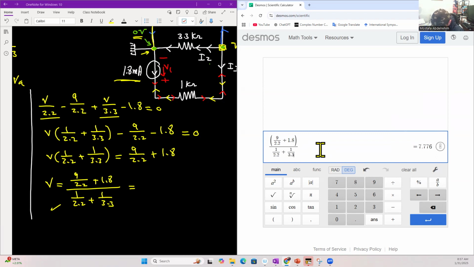Look, guys, we wrote exactly the same equation in Desmos. This is exactly this one, so you can review easily and track down where your fault is, if there is one. And we see that the voltage is equal to 7.776. We are not done yet. Why?